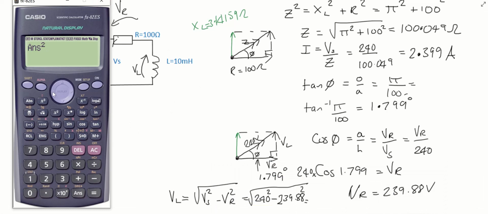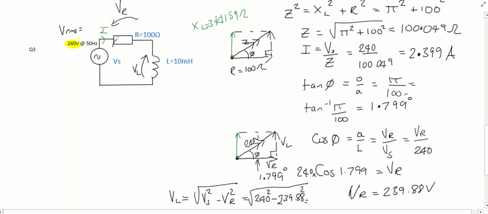Of course you can. 240 squared minus, yes, okay, which gives us that, and then square root, answer, equals 7.536 volts. Yep, that's it.